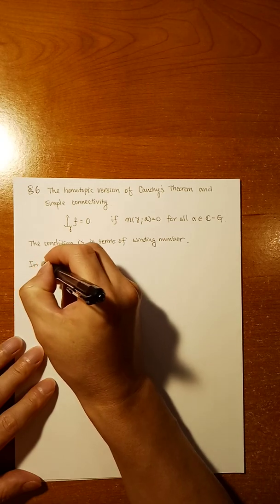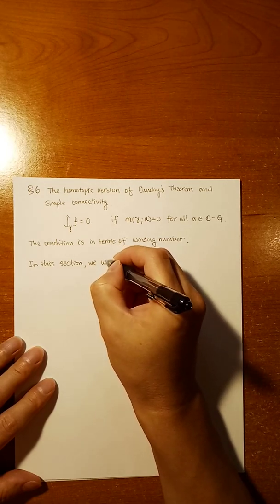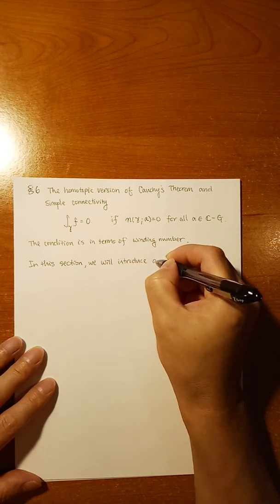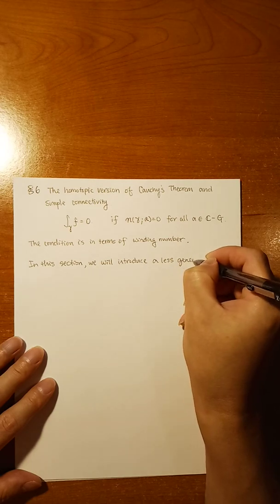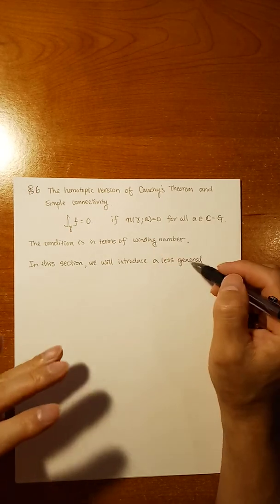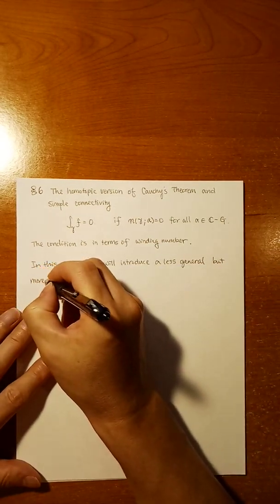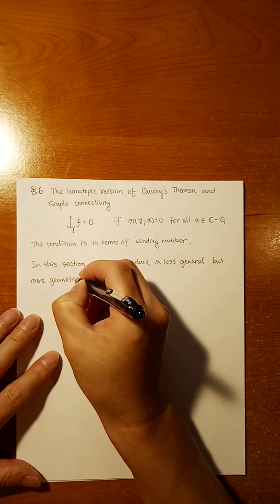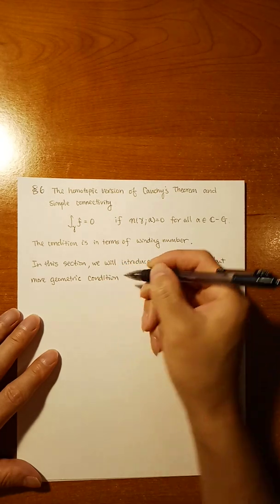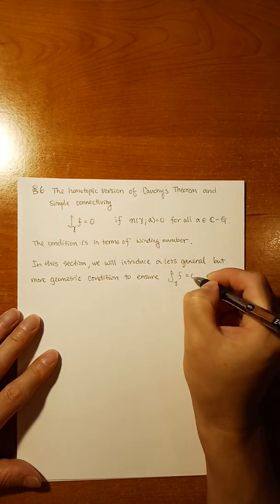So in this section, we will introduce a less general, meaning it's covered by this winding number case, but a more geometric condition, to ensure the integral of f along gamma is equal to 0.